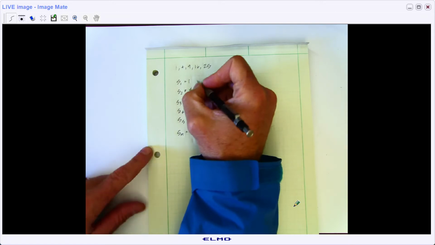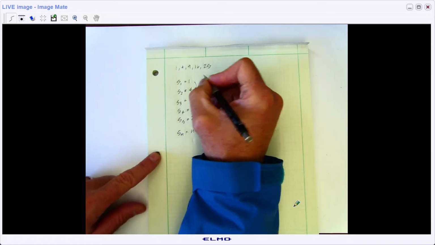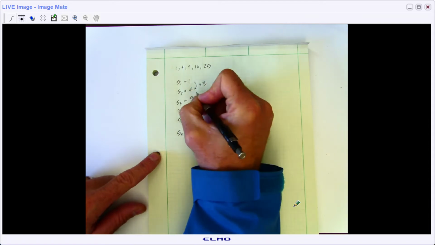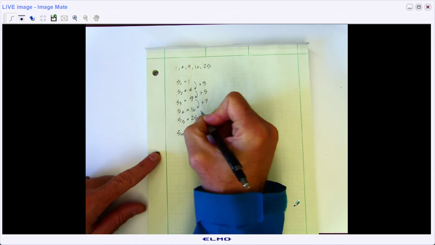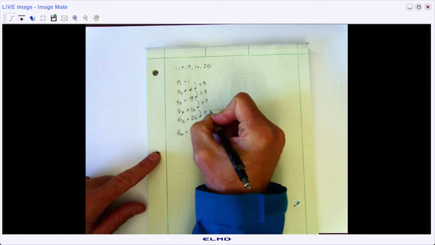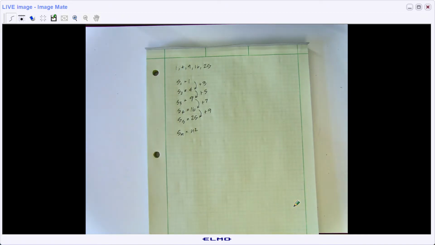And so that's a little bit harder because we have to look at what's happening from term to term. So this is a plus 3, that's a plus 5, this is a plus 7, and that's a plus 9. So it appears that we're adding a little bit more each time to the term.